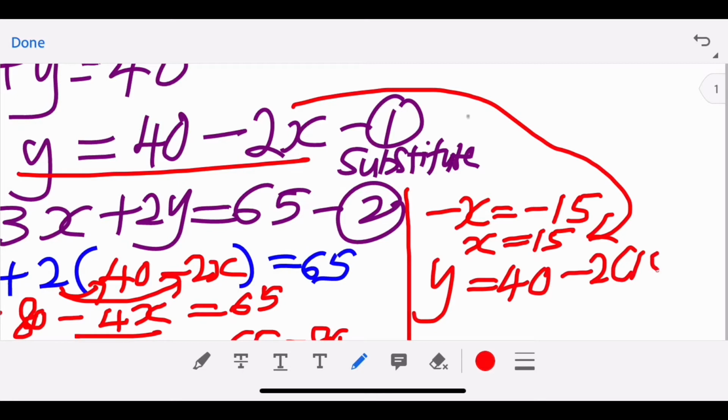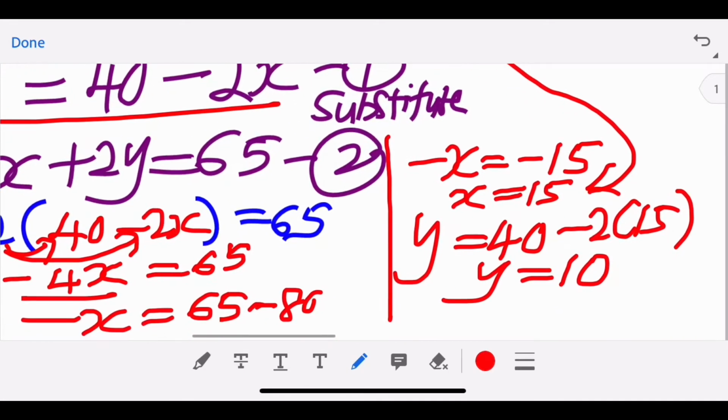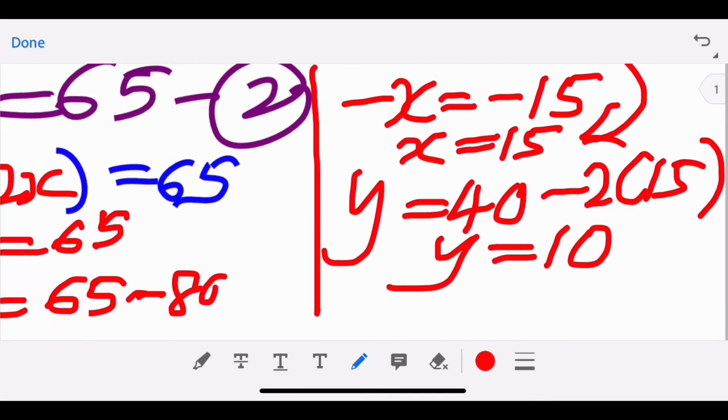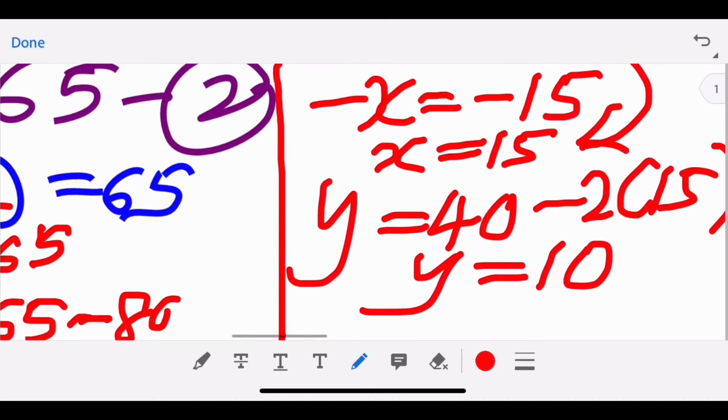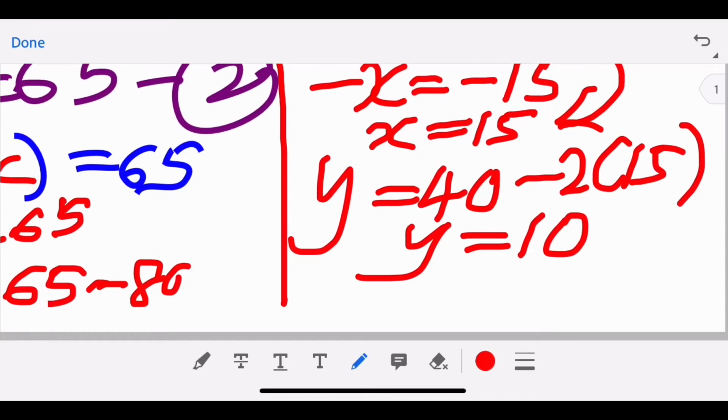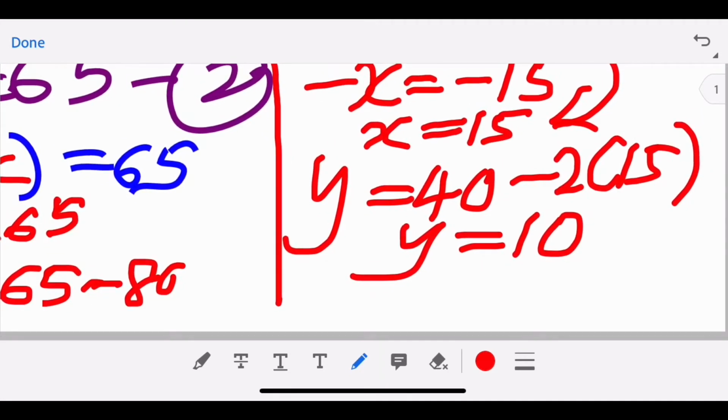You will get a very simple answer, which is 10, right? So 10 is the answer for this question. Simultaneous equations can be very easy sometimes, so you need to be careful.